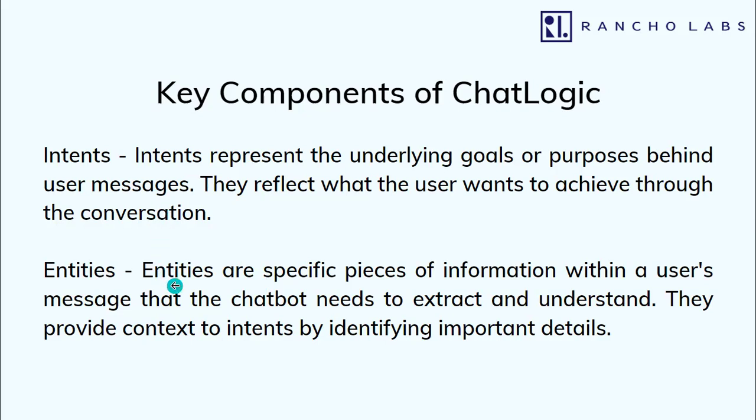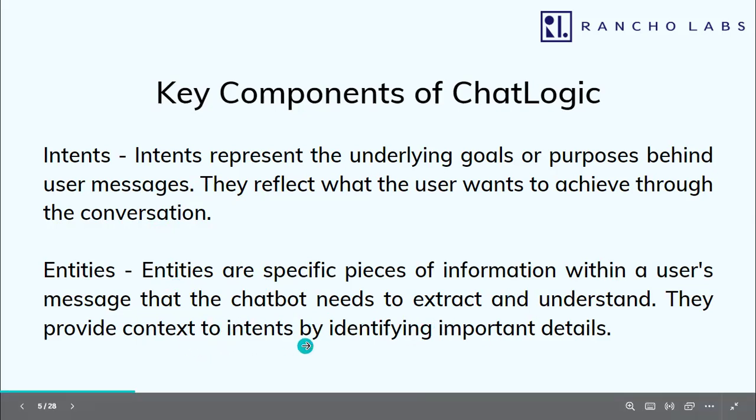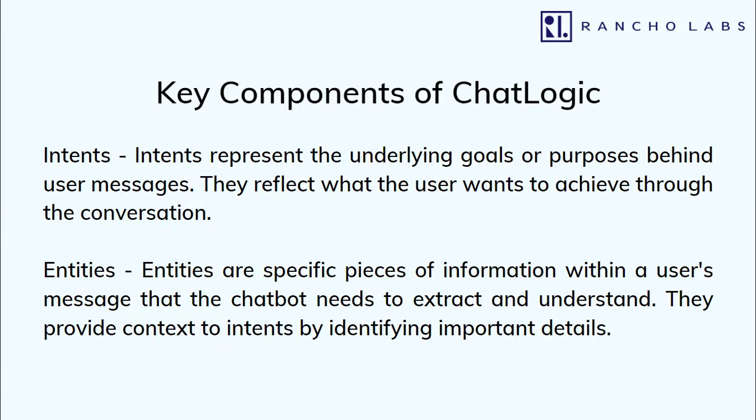Now coming to the entities. Entities are specific pieces of information within a user's message that the chatbot needs to extract and understand. They provide context to the intents by identifying important details. We know the goal is finding out the weather conditions, but what extra information do we need?